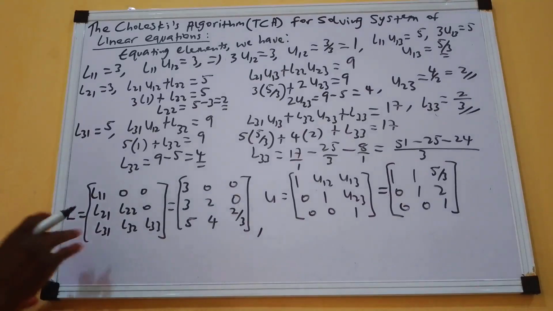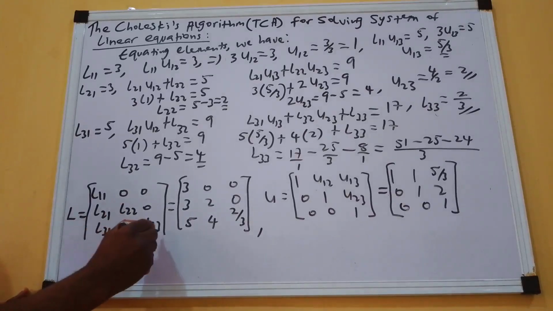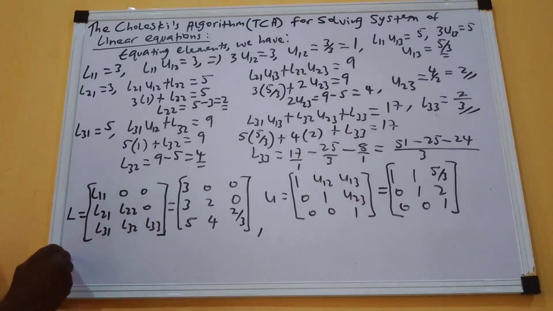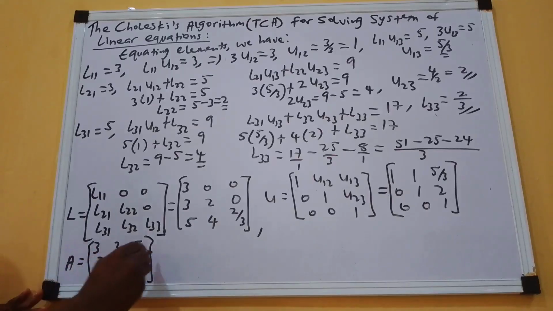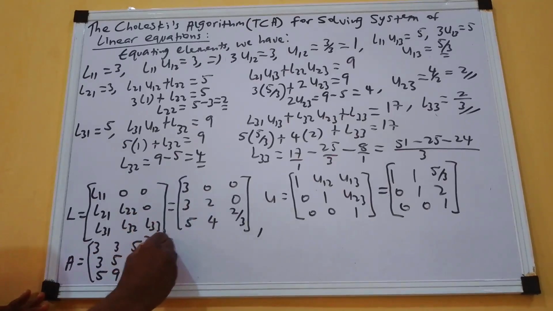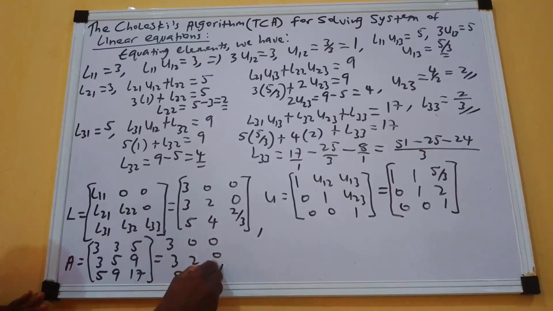This simply means if I want to write my A, which is 3, 3, 5, 3, 5, 9, 5, 9, 17, this is my A. My A is simply going to be 3, 0, 0, 3, 2, 0, 5, 4, 2 over 3.